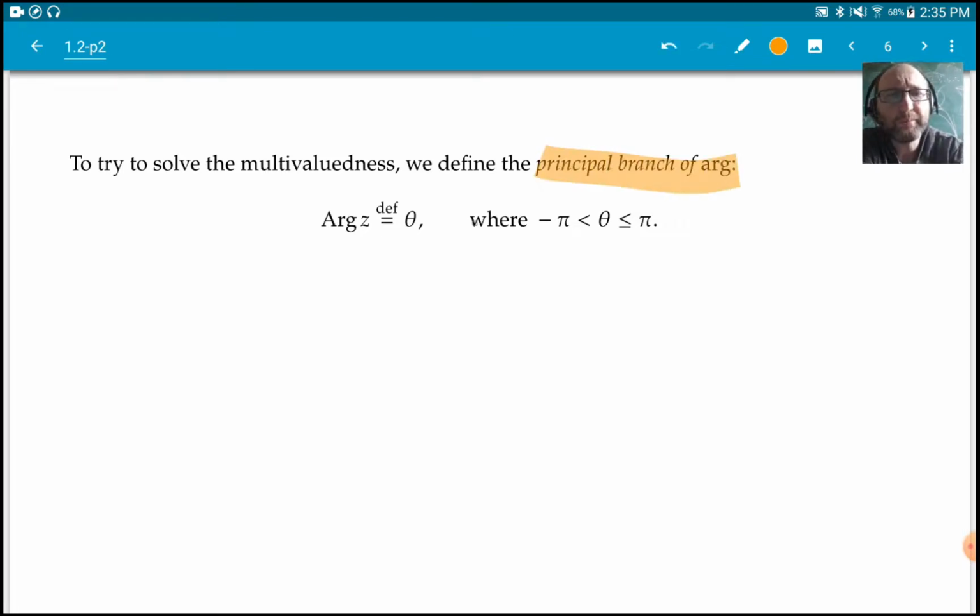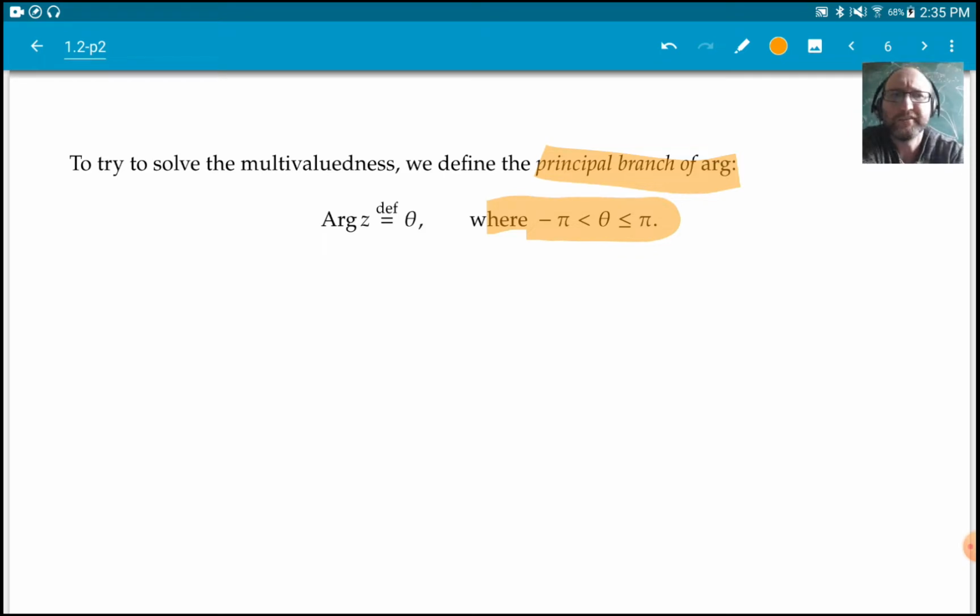Basically, we pick the theta that's between minus pi and pi. There's only one such argument, because if you add any multiple of 2 pi to it, you get out of that range. So for any single complex number, there's one theta that's in that range.